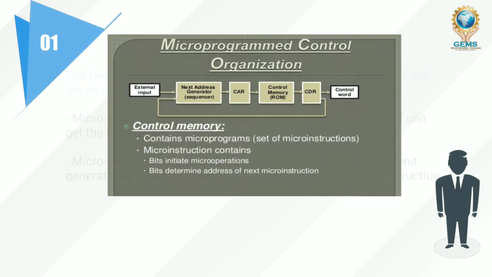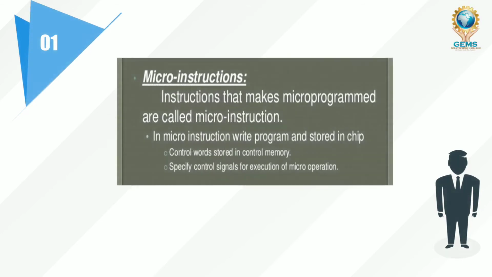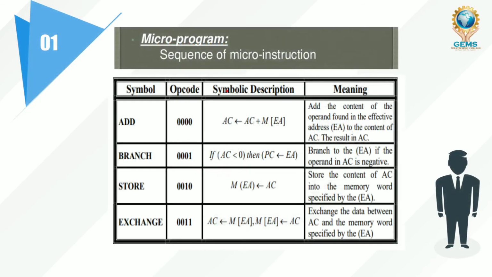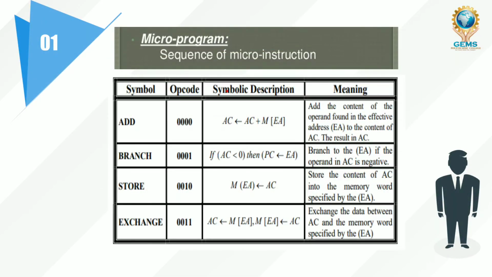I already covered all these slides in my previous video lecture. I have given you a definition of micro instructions, where we are using micro instructions, and what a micro instruction sequence is.